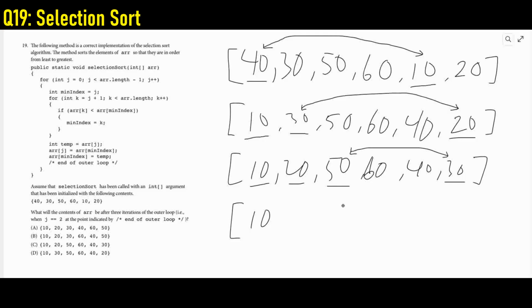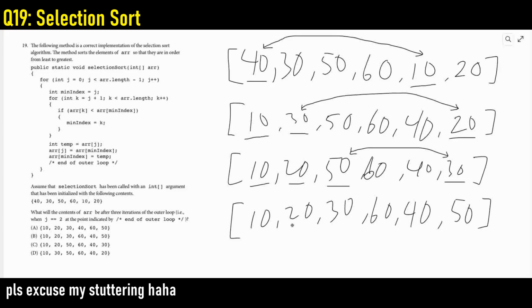And then after the third iteration, we're going to have an array that looks like this. And so this is after the third iteration. So the answer is going to be B.